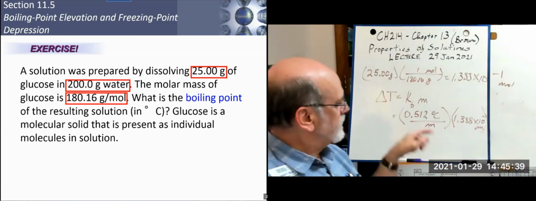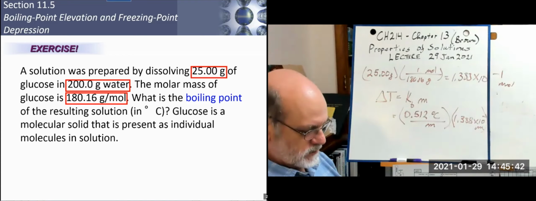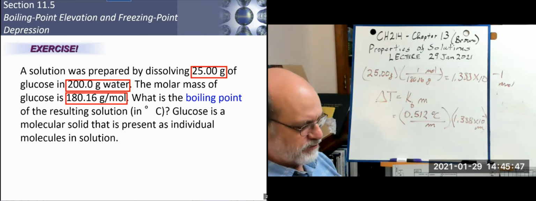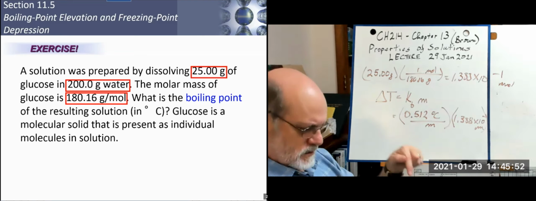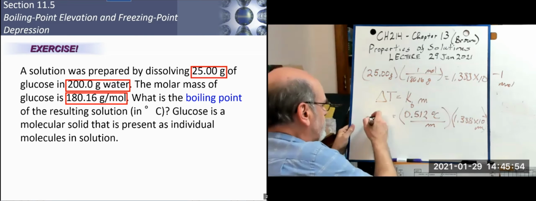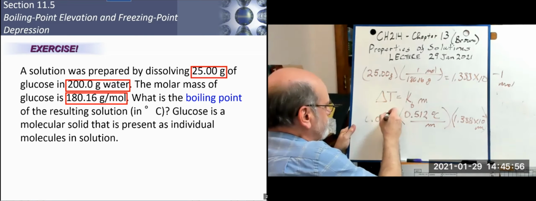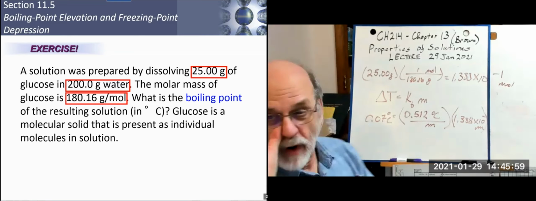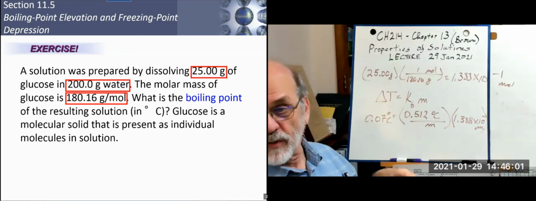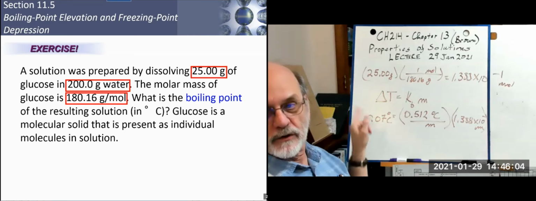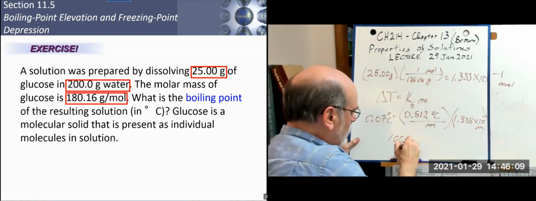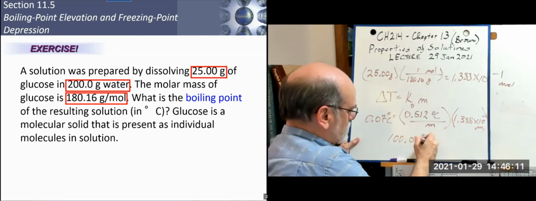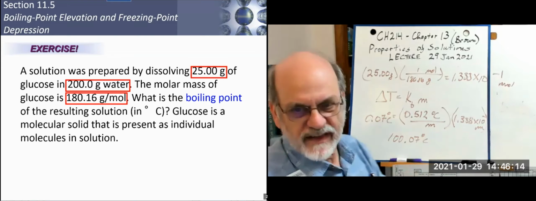So I need to multiply this times 0.512, and that's 0.07. Is the boiling point elevation. That means the boiling point is that much higher than 100 degrees. So the answer to the problem is actually 100.07 degrees C. I think I did that right.